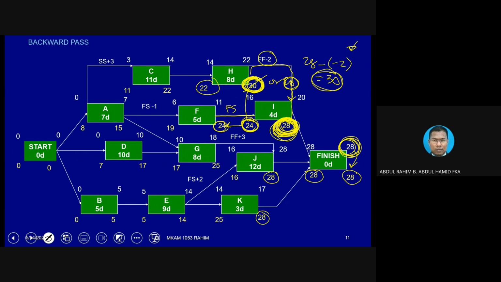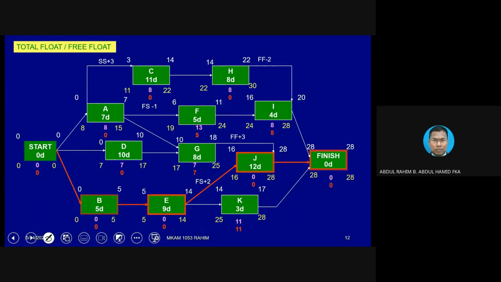If you do not consider this and you just simply log 30 in this box, yes, you can do the rest of the calculation, but actually the whole calculation is incorrect. So that's why I put it into the next slide.